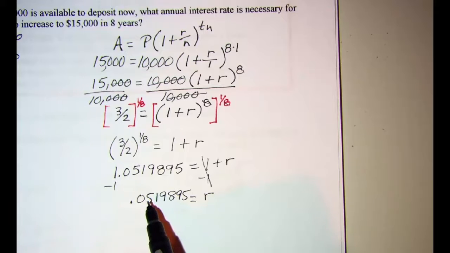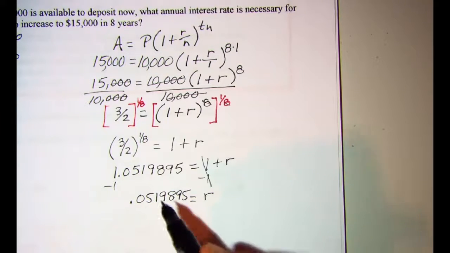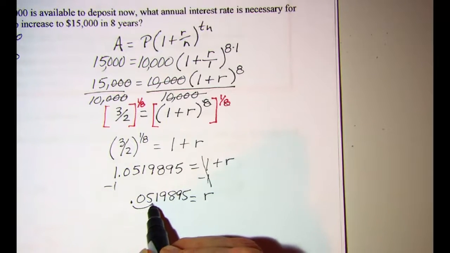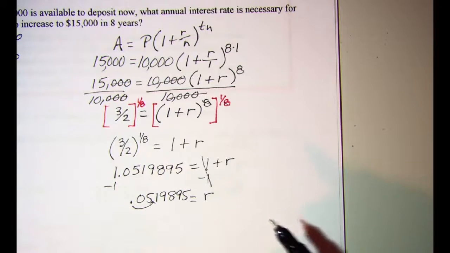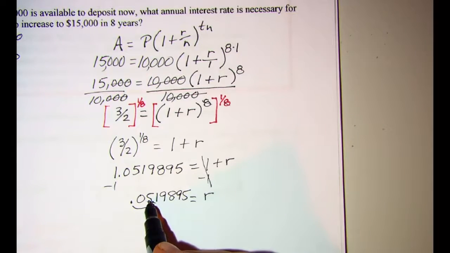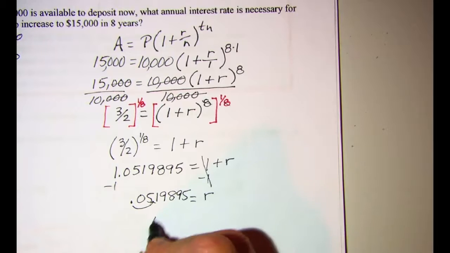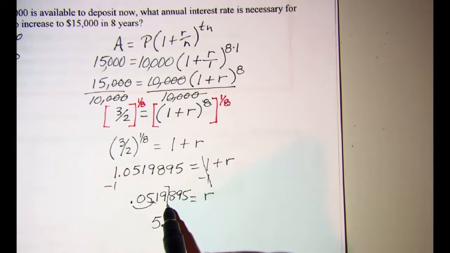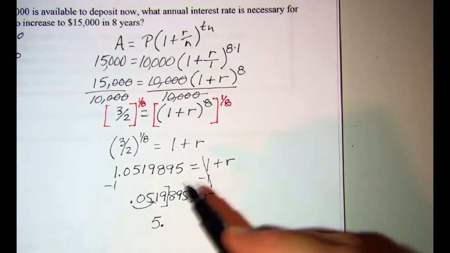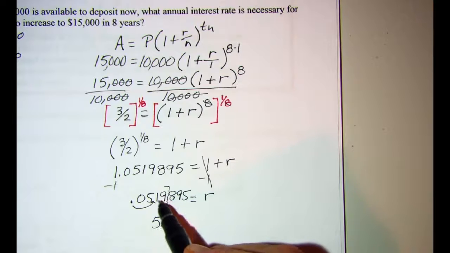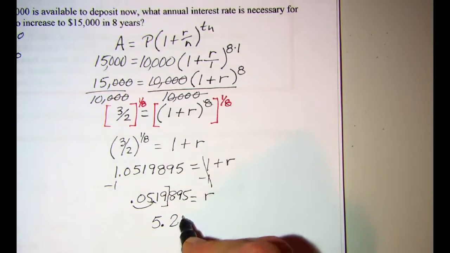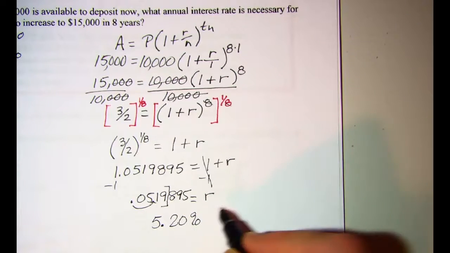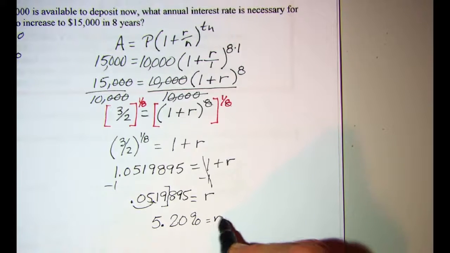Now since we want that to be a percent, let's move our decimal 2 places to the right. So it looks like 5 point. And let's go ahead and keep 2 decimals on this percent. So 5 point, the 19 will round up to 20. This is my rate.